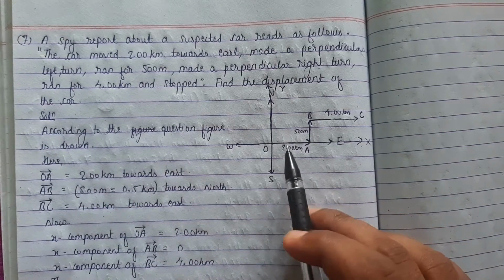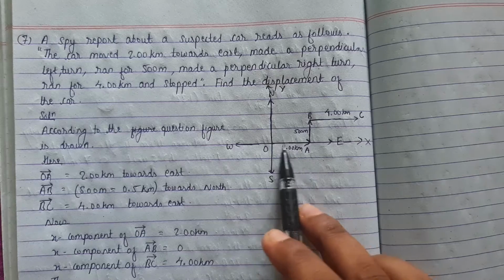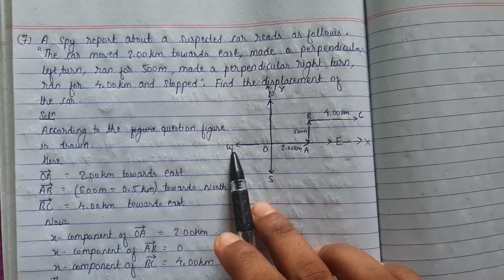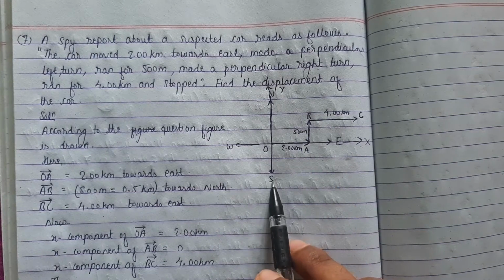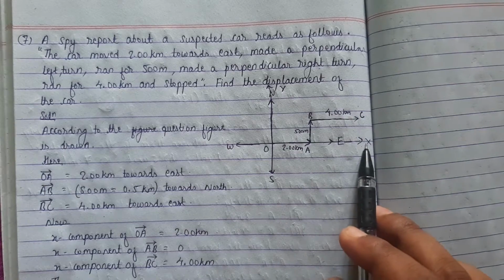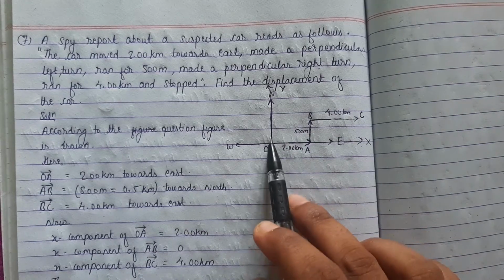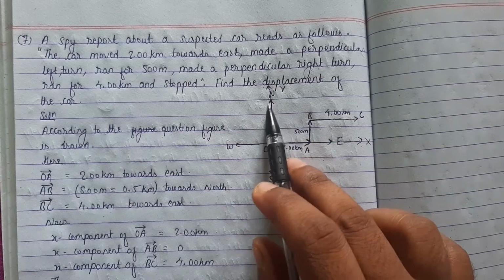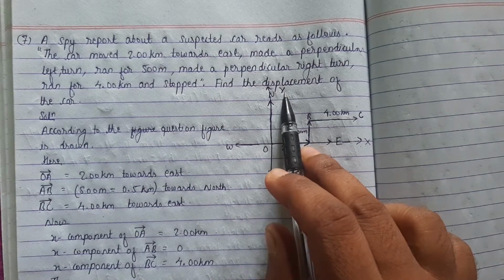According to the question, we can draw the figure. Let it be the east direction, this west, north and south direction. East direction be towards x-axis and north direction towards y direction.